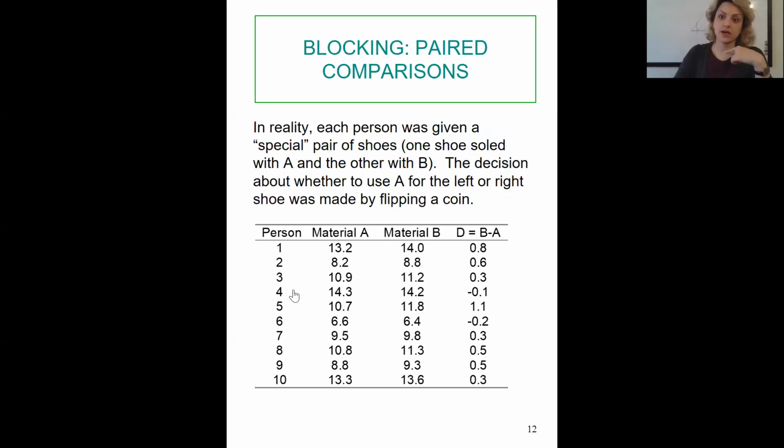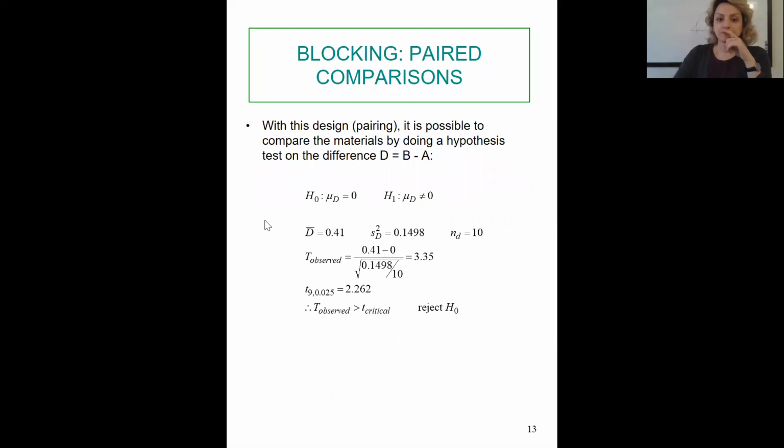Before, we didn't consider what's happening for each person, right? We considered it generally. But here we try to categorize it for each person. And then we would state the null hypothesis and the alternative hypothesis.